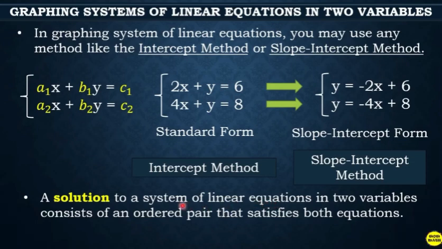Since we are on the system, ibig sabihin two or more equations na to, dapat ang hahanapin nating ordered pair o solution is magsasatisfy doon sa dalawang equations o two or more equations, hindi na lang isa. Okay? So, dapat pag sinubstitute mo siya dito, dapat mag-satisfy din siya dito pag sinubstitute mo yung ordered pair mo dito. Okay. So, I think let's start.